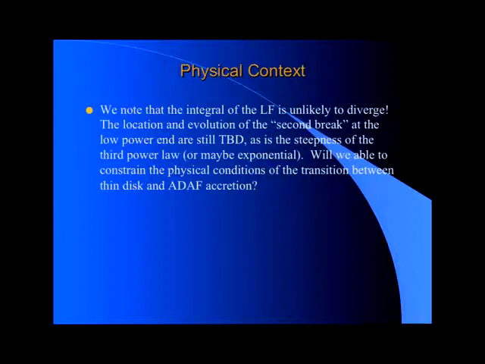So there's a whole unexplored region of where it actually turns over, because most luminosity functions drop off at the faint end as well as the bright end. What's that telling us about the physics? Is there a predictable transition from thin disk accretion to ADAF that might inform us? And can we observe any population to faint enough levels to actually find that?